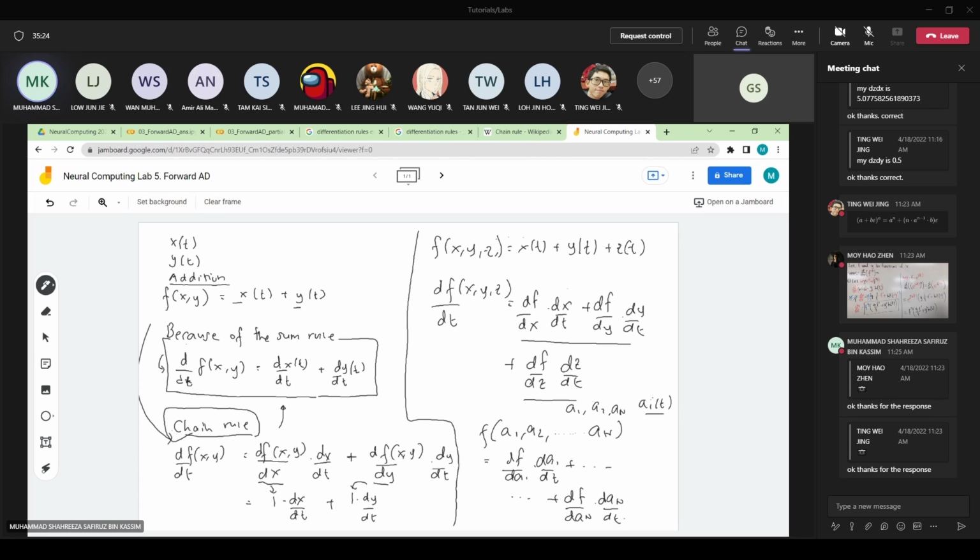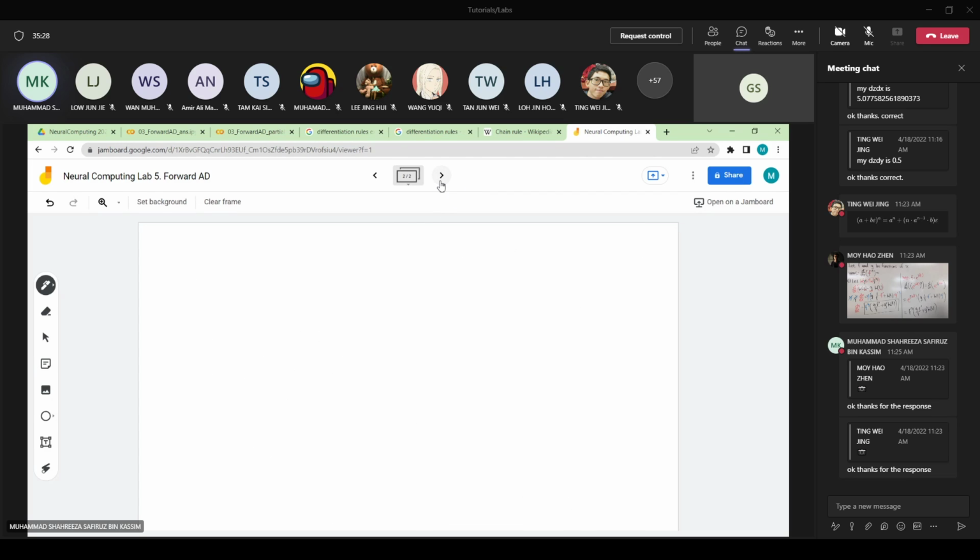Now let's see, in the same manner, you can also do this for divisions. So f of x and y is equal to x of t divided by y of t.